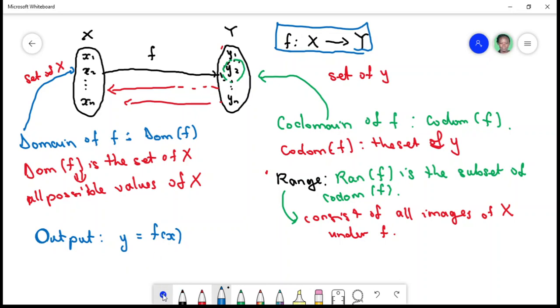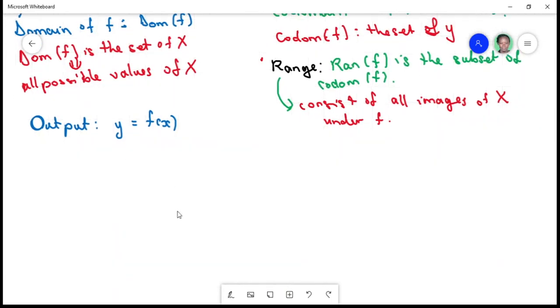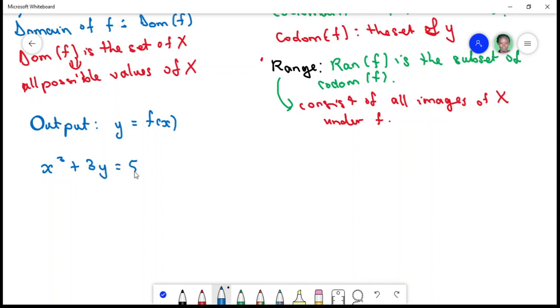Then let's look at defining the output to be y equal to f of x. If I have a function, let's say x cubed plus 3y equal to 5, this is a function, but we can't actually define which is a function of which. We are saying if it is in this form, you call it the implicit form.